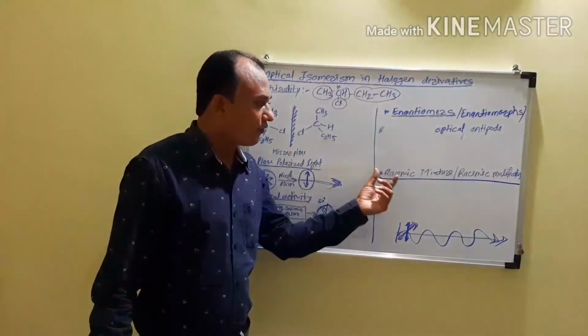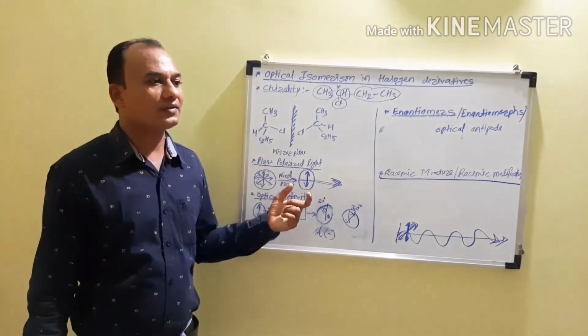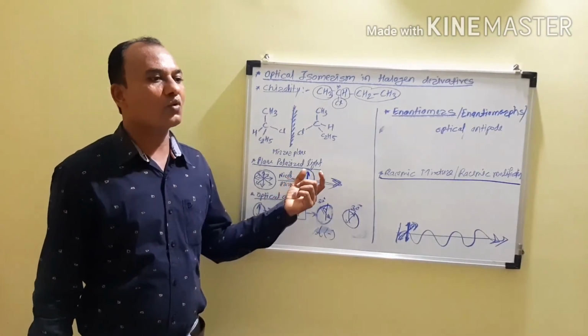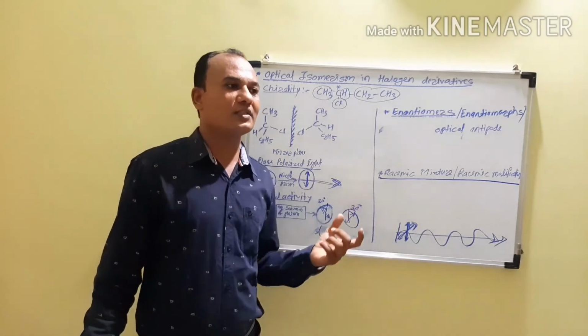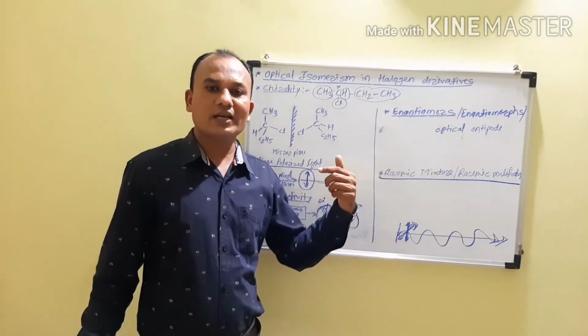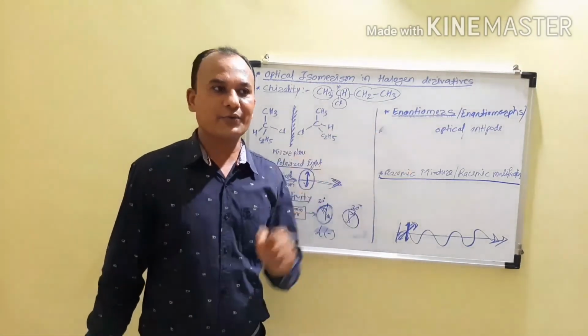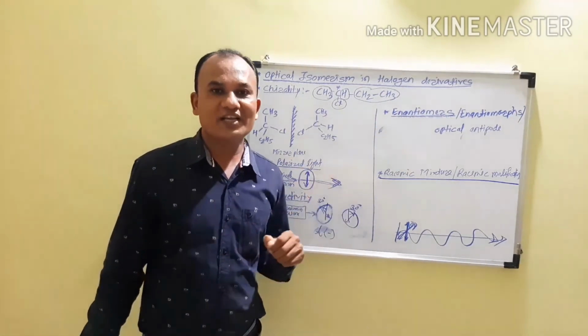Now, the racemic mixture does not rotate the plane polarized light towards the right or towards the left. It means the racemic mixture is optically inactive. Now, why is it optically inactive?